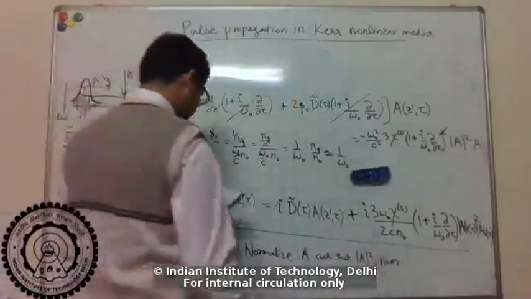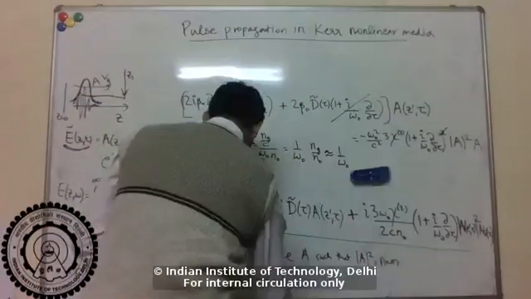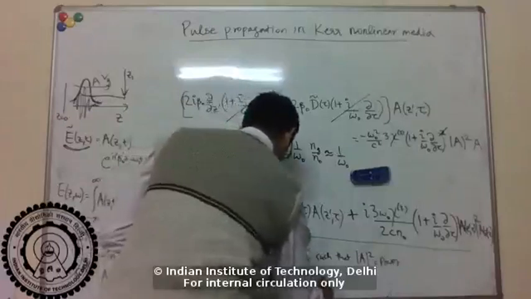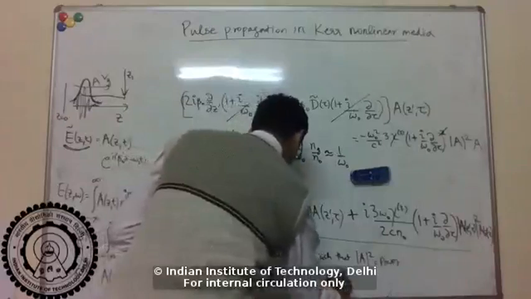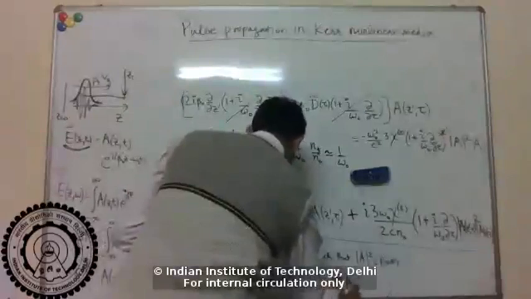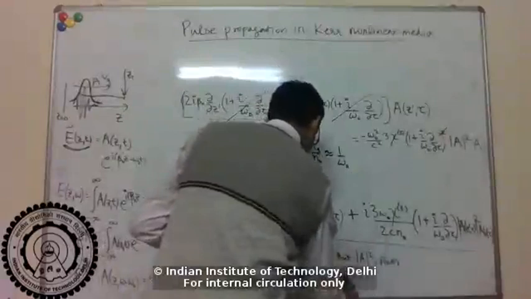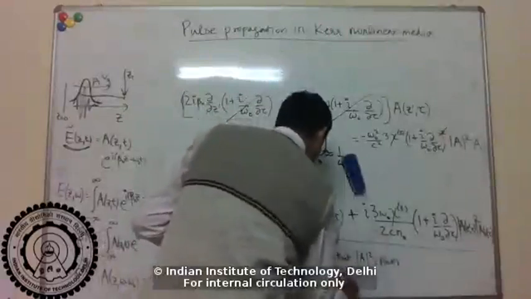Which is basically, so take A to multiply by this constant times A effective, the effective mode area.